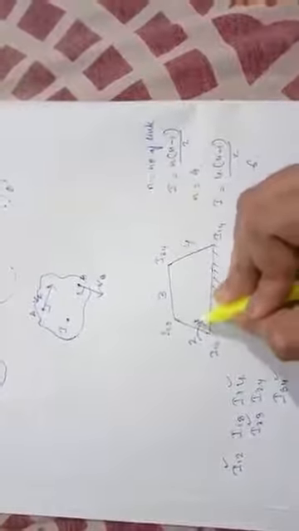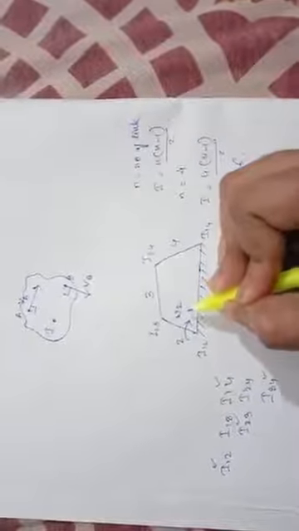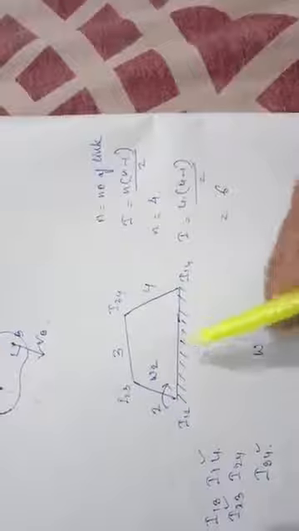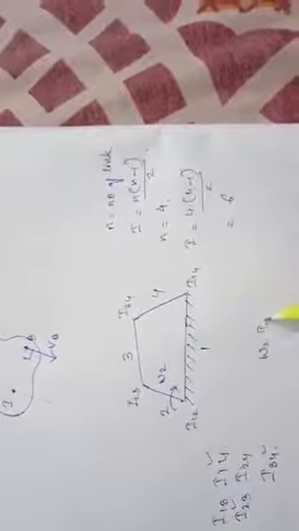Now let us consider that in a problem it is given that link 2 has an angular velocity of omega 2, and we are asked to find the value of omega 3. So how to do that? See the process. At first write omega 2, then write the I-center between 2 and the fixed link, that is I12.